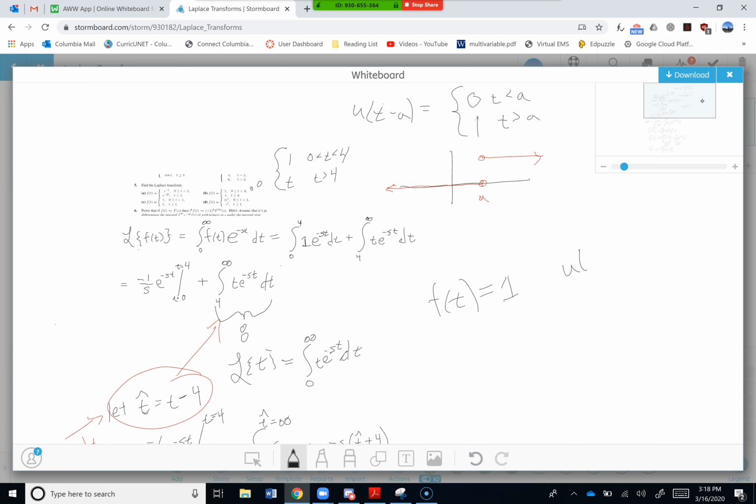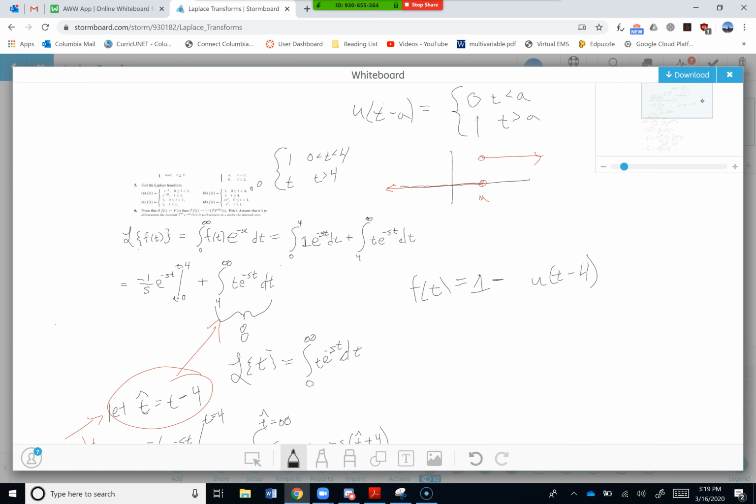There's a switch activated at time 4. So I'm thinking about my function f of t. It's 1 at the beginning, and then at time 4, something turns off. And the way you turn things off is you subtract.